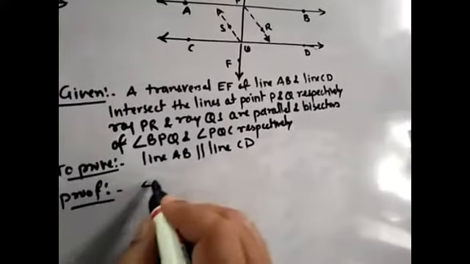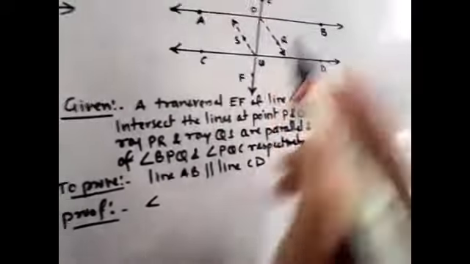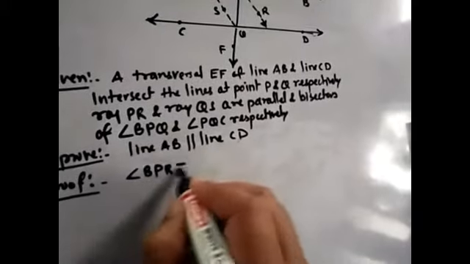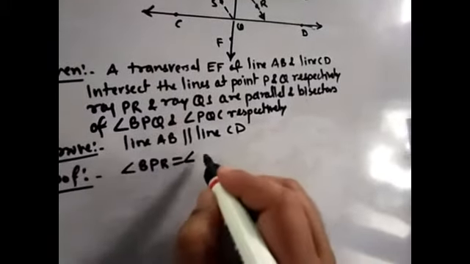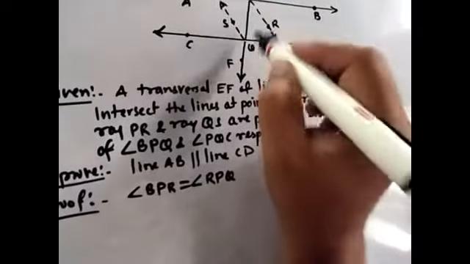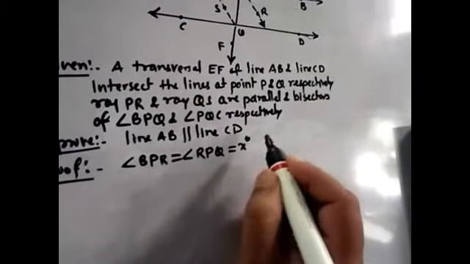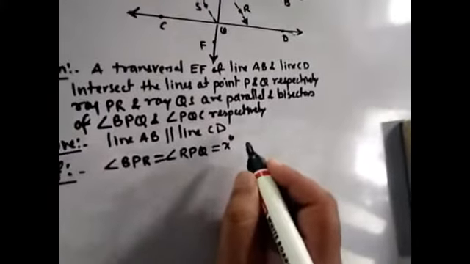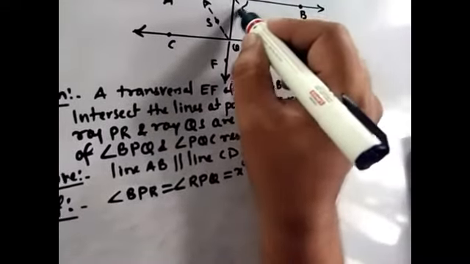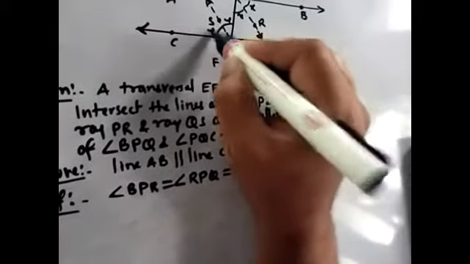Write down the proof. Angle BPR, see here, angle BPR is equal to angle RPQ, this angle, we suppose x degrees, this x, and this y, and this also y.